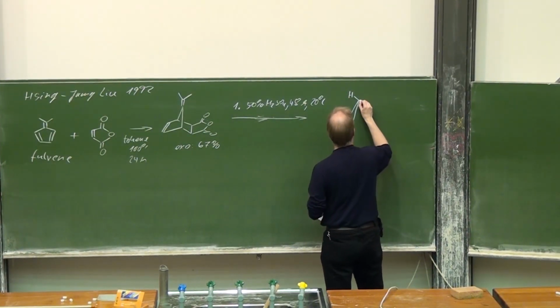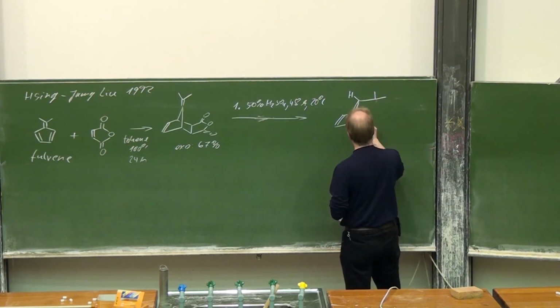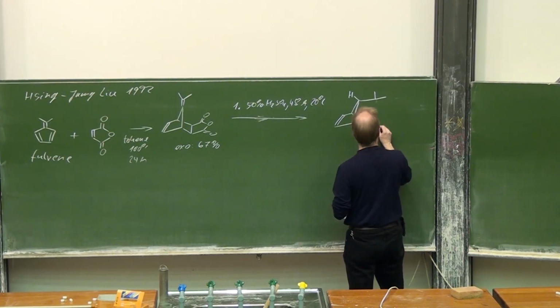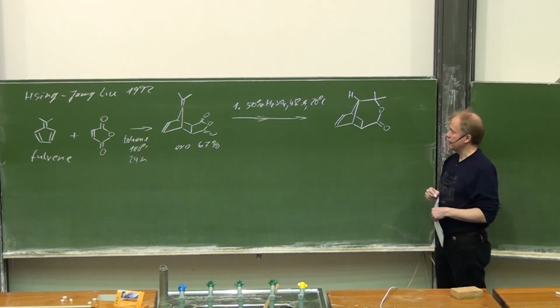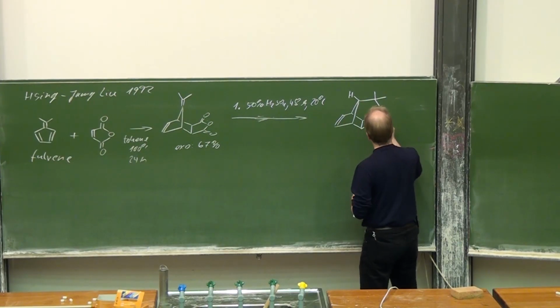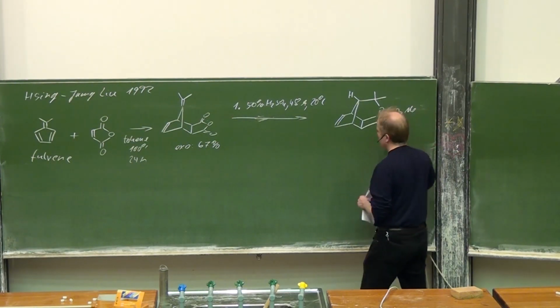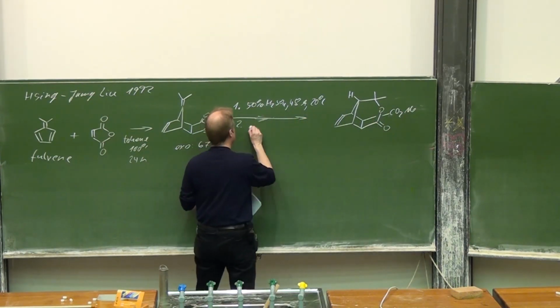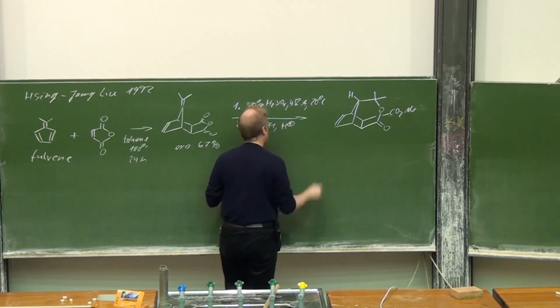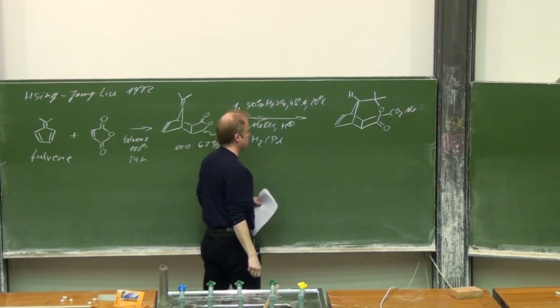As I said, protonated there, tertiary carbocation there, cyclization, while having the acid moiety there, but I will draw it already as an ester, because secondly, methanol, acid catalysis, esterification, and, well, third, already the hydrogenation.